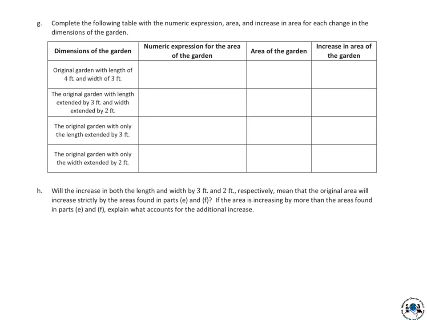So now what I'd like you to do is complete the following table with the numeric expression, area, and increase in area for each change in dimension of the garden. We have the original garden with a length of 4 feet and width of 3 feet, so you're going to put in 4 feet and then 3 feet.